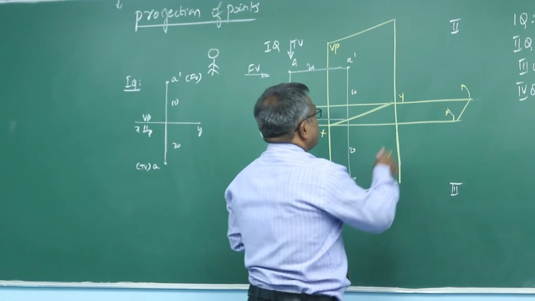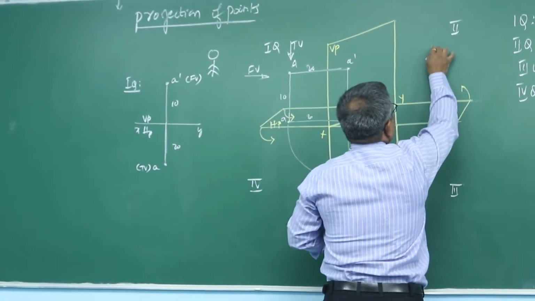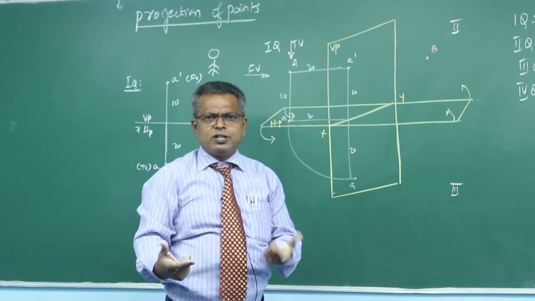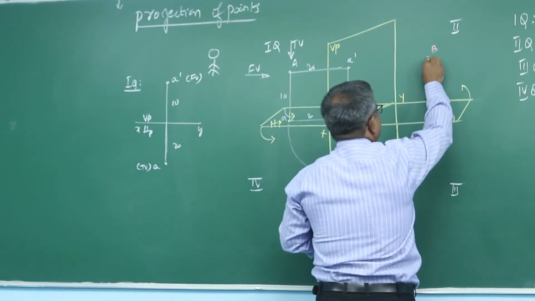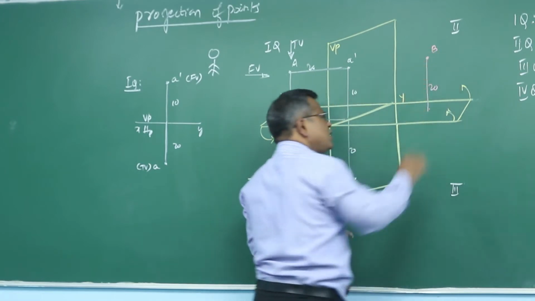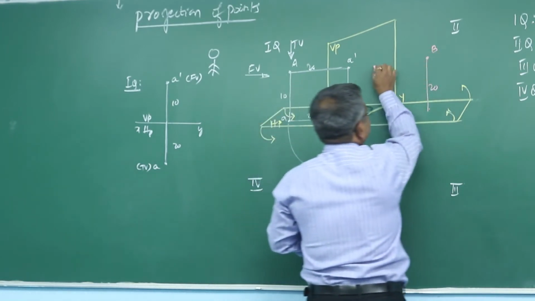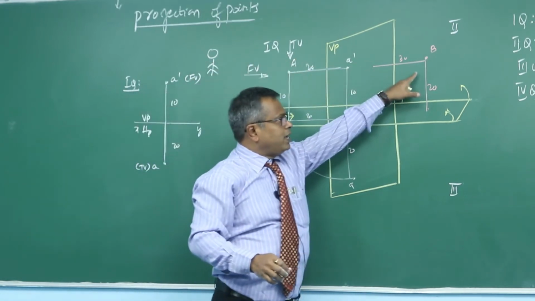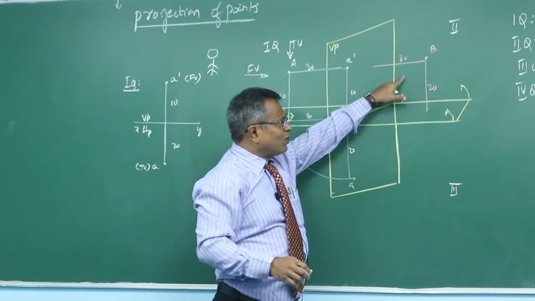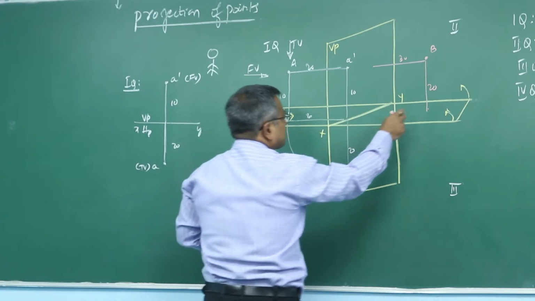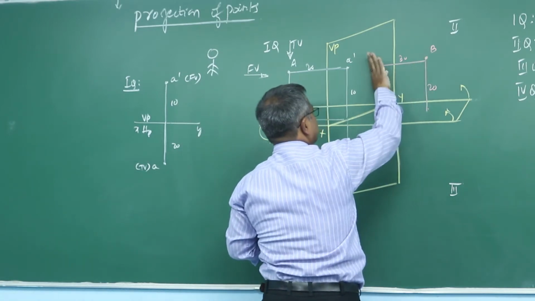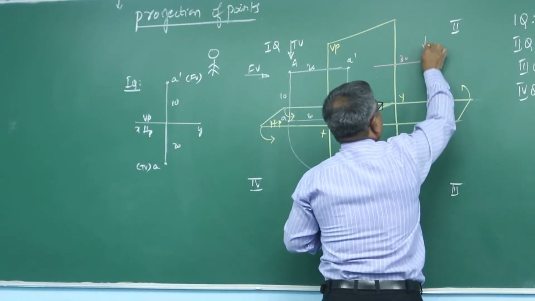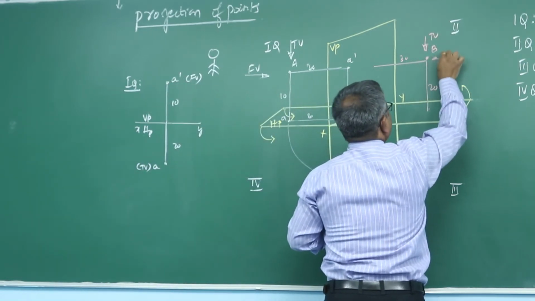Suppose now coming to the point B, let us say your point B lies in which quadrant? Second quadrant. How can we do the projection? Very simple. The point B is, let us say, 20 millimeter above HP and 30 millimeter behind VP, because the observer is here. Now I want to draw the top view as well as the front view.